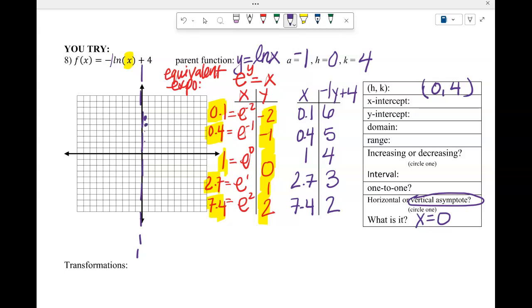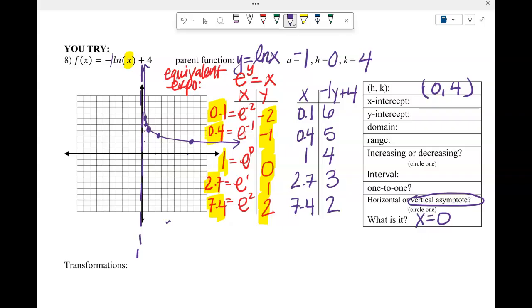Then 1, 4. Okay, hold on. My computer's a little frozen. There you go. 1, 4. 2.7, 3. So right there in between 2 and 3. 7.4, go up 2. So in the middle. Okay, let's connect the dots. Go all the way through. There you go, guys.